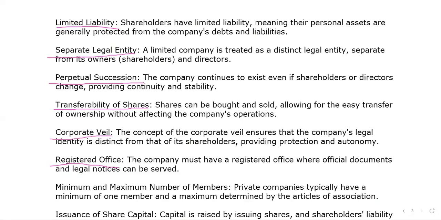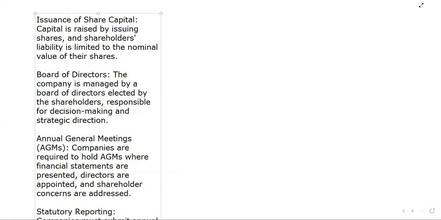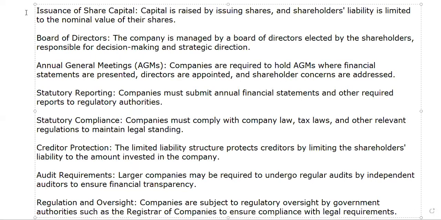So it will be stipulated how much shares have been raised. So issuance of share capital, you must understand that capital is raised in a company through issuance of shares from the shareholders. And so the company will have records of how many shares they hold and how much voting rights you have.